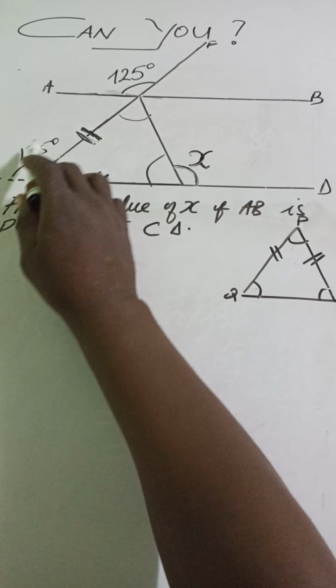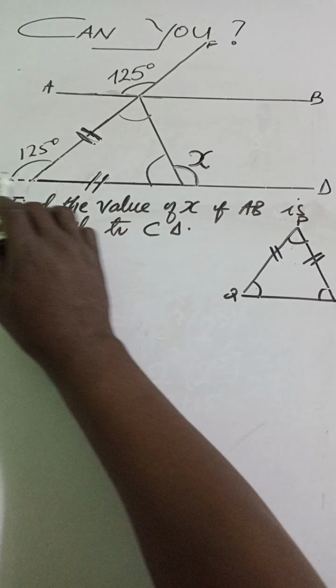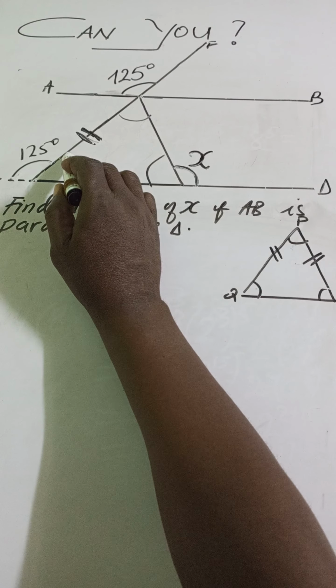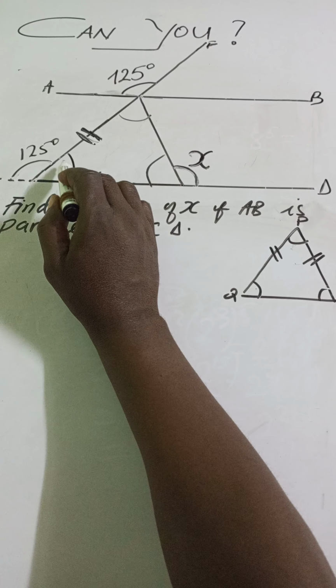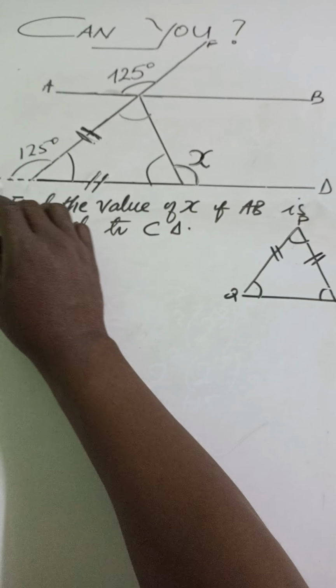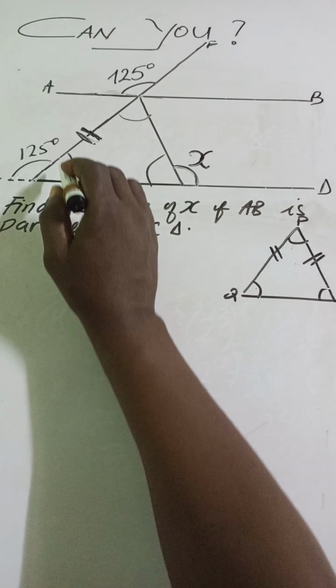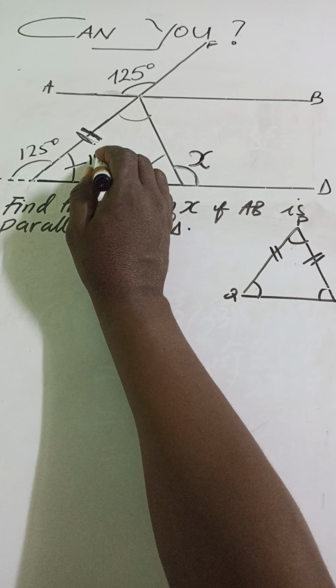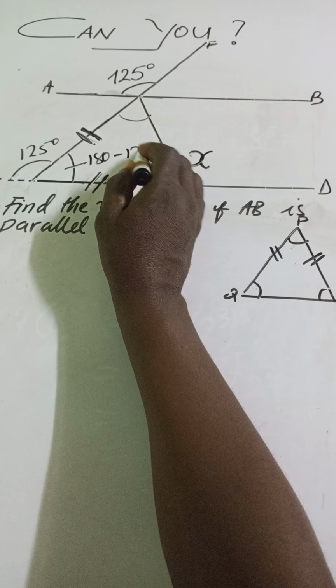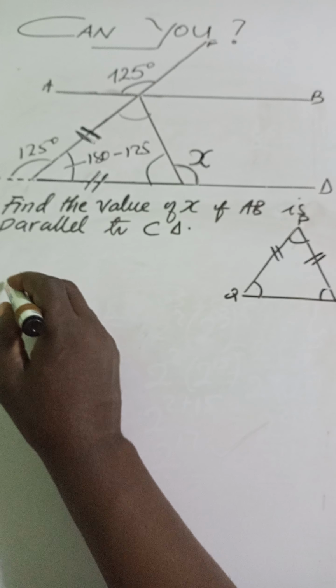So this being known, we now know that this line, which is a straight line, will mean that this angle will be 180 minus 125, since they lie on a straight line. Angles on a straight line is 180 degrees. So this one here will be 180 minus 125. Let's go ahead and do that.